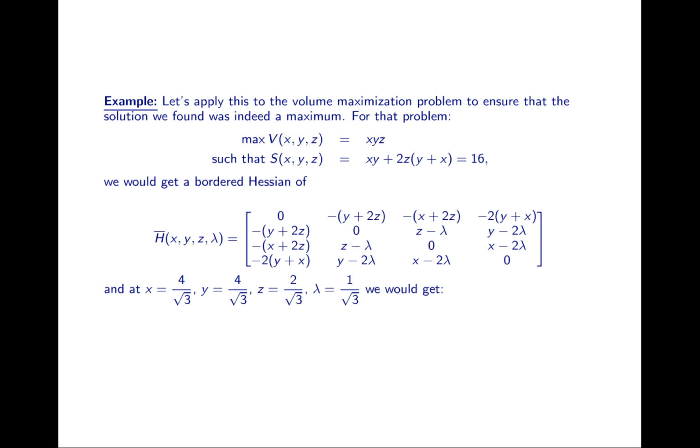So let's take a look at an example. Let's apply that theorem to the problem we started this lecture on, the case of maximizing the volume of an open-ended box with a constrained surface. So if I make a bordered Hessian for that problem, I get this matrix here.